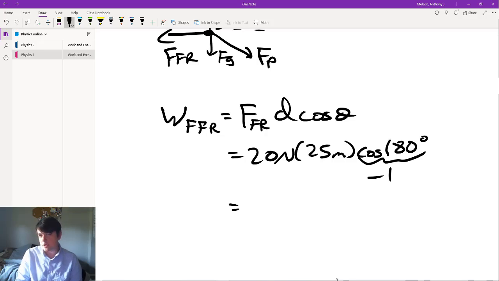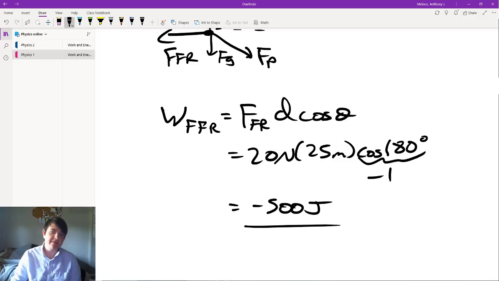And this is kind of what I was talking about. Work done on an object can be positive or negative as well, right? And so we multiply those two numbers together, and what do we get? We get -500, right? It subtracts energy away from the system.